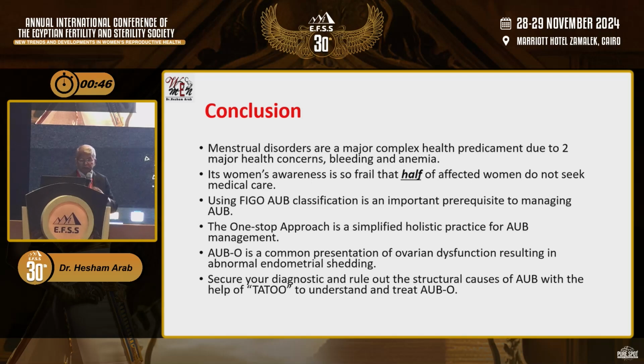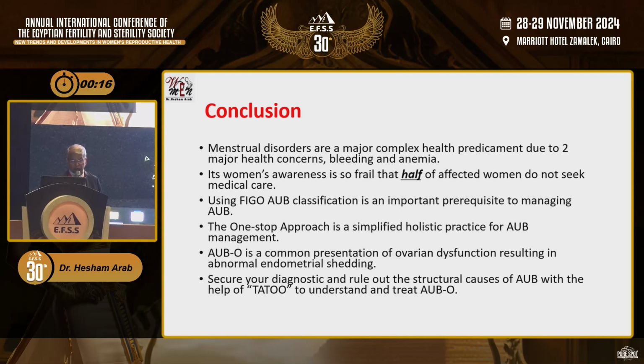In conclusion, menstrual disorders are a major complex health problem, predominantly due to two major health concerns, the bleeding and the anemia. Don't forget about the anemia. Women's awareness is so poor that half of the affected women do not seek medical care. Using the FIGO AUB classification is an important prerequisite to manage AUB, and the one-stop approach is a simplified holistic practice for AUB management.